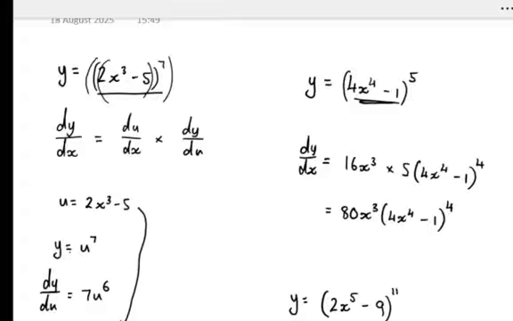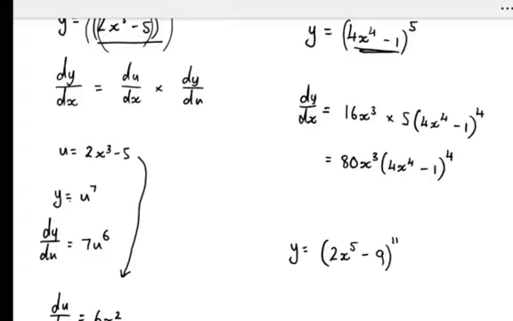Why not? Throw in some big numbers. So we're going to multiply. First, we're going to find the derivative of the inside of the function, which happens to be 10x to the 4.